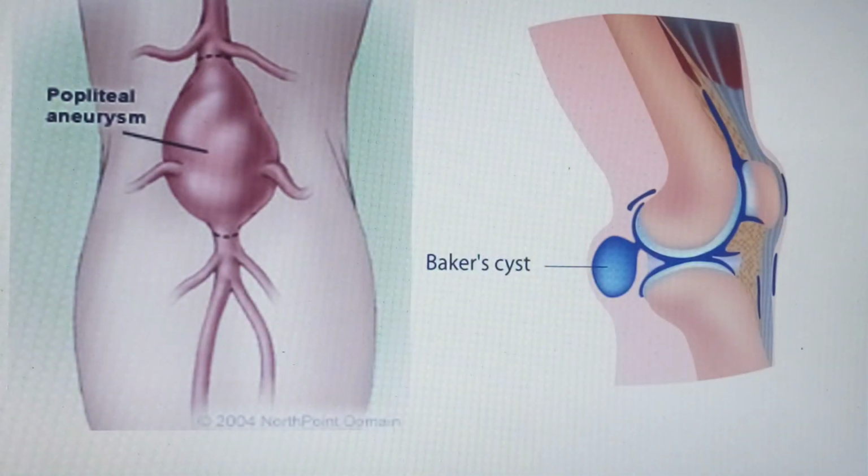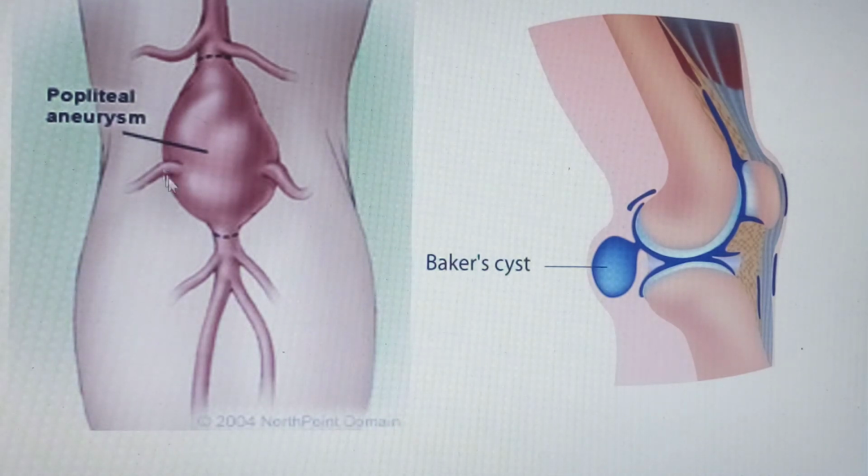Now, to end with the content of the popliteal fossa, which we saw, the popliteal artery is a continuation of the femoral artery, in the posterior aspect of the knee area, the popliteal area. Now, this one could be dilated.